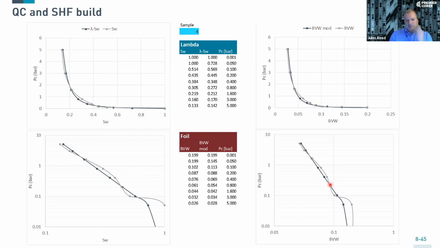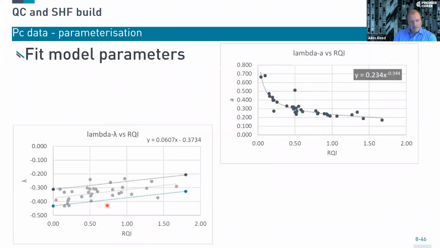If it becomes too great, and you can use statistical analysis to look at that, then we begin to question whether this should be used or not. And you give it a quality flag, maybe 2 or 3, depending on how poor the shape is. After we've removed those samples, we go ahead with the samples that we're still believing.